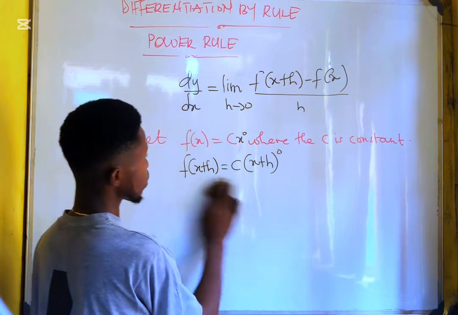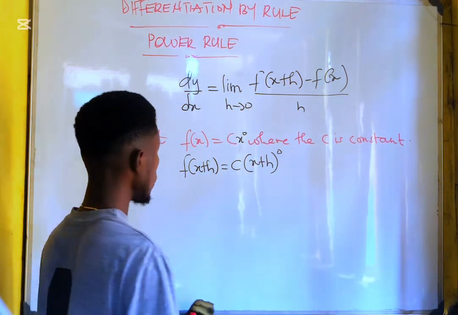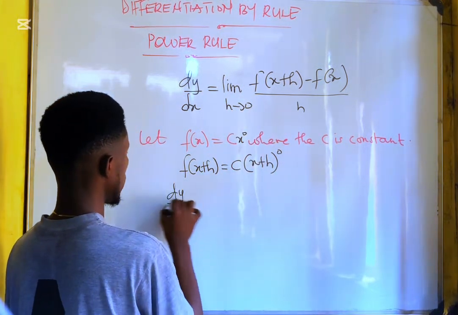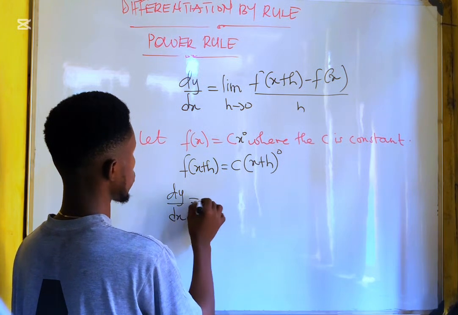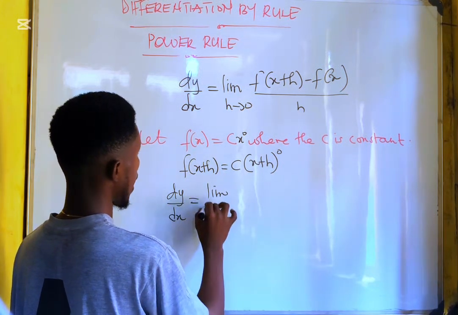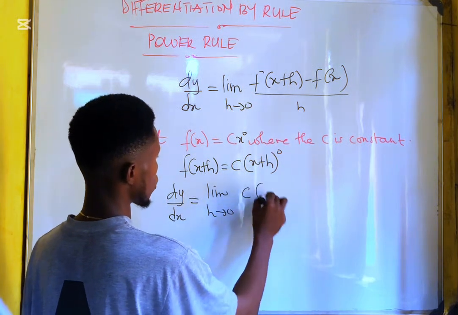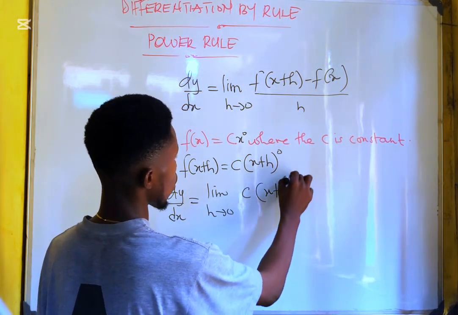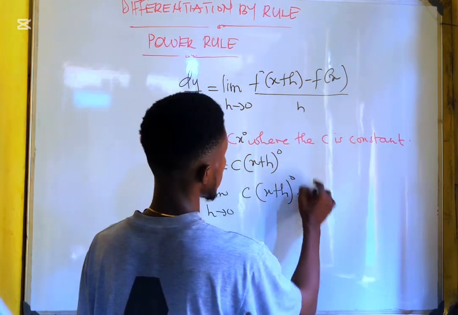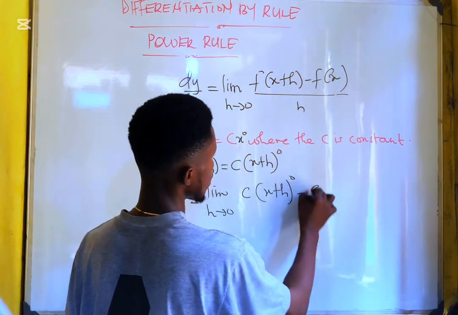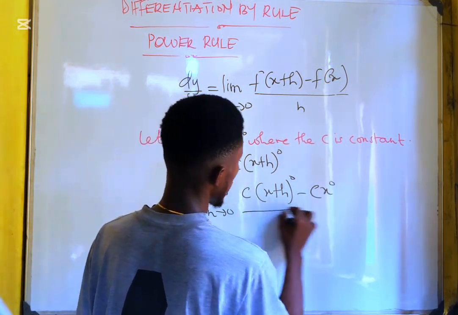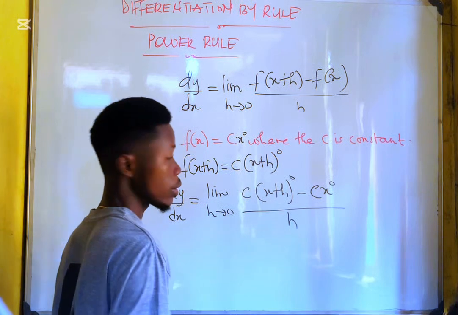So now I'm going to substitute this into the formula. So dy/dx equals the limit as h approaches 0. F at x plus h is c bracket open x plus h all to the power 0 minus f at x is c x to the power 0. And remember, all this is over h.